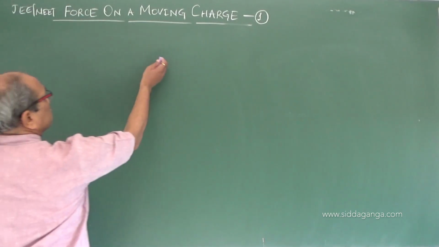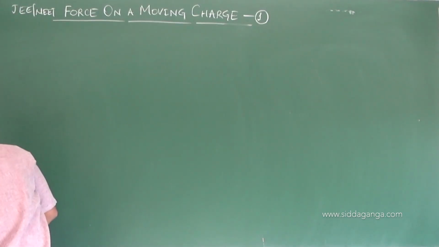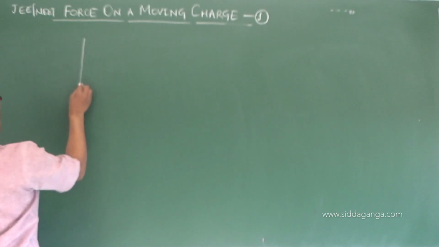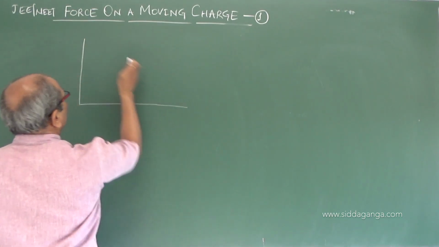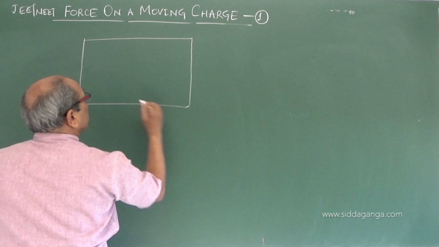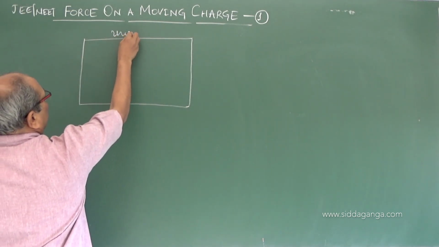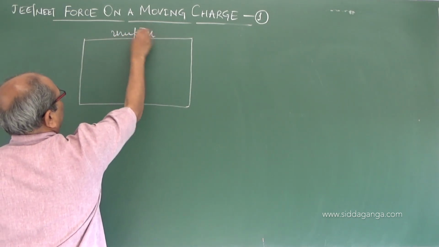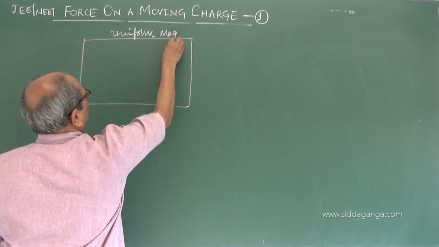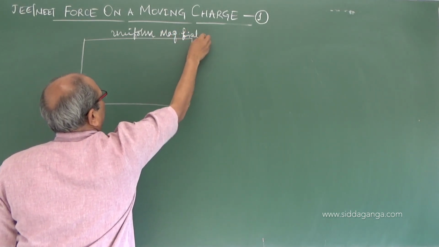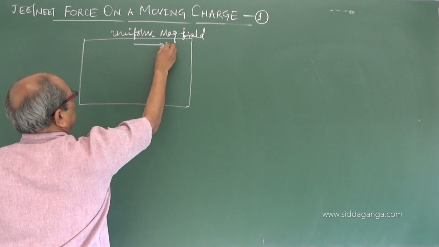So let us consider a uniform magnetic field acting horizontal to the board. This is the uniform magnetic field, acting along this direction.